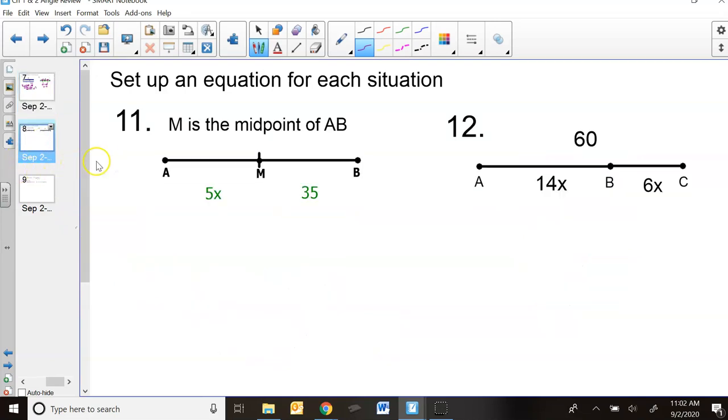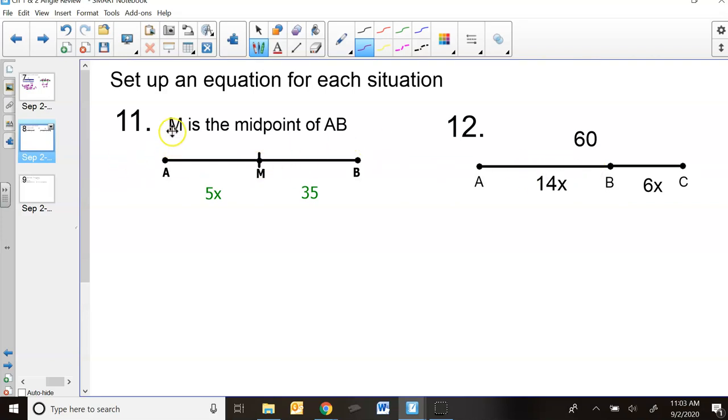Okay, again, I need a setup for each of these. Be careful. Number 11, what's your setup going to be? Okay, and I'm not gonna tell you the answer yet. Go ahead and set up number 12. Okay, so there are no tick marks on either picture.